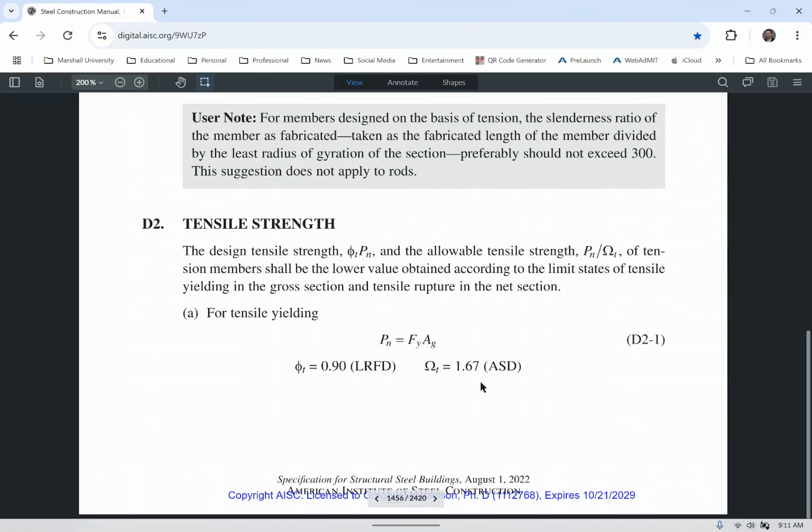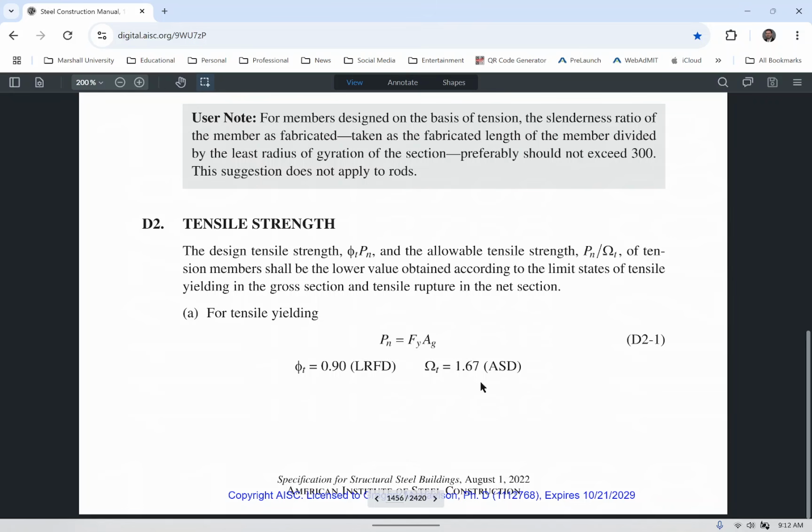So we have tensile yielding, so this is the yielding limit state, and it says Fy times Ag. What do we think Ag stands for? Maybe the gross area, right? And so we have the yield stress times the gross area, and if we wanted to calculate the design resistance, we would say Fy times Ag times 0.9, right?